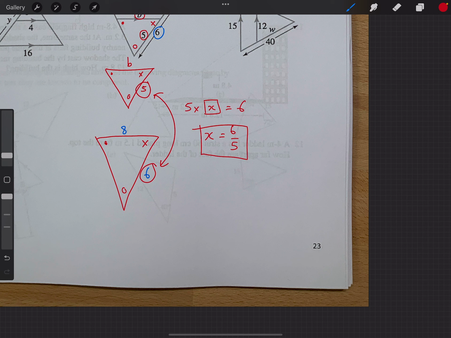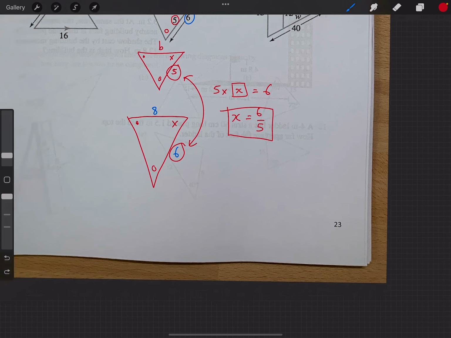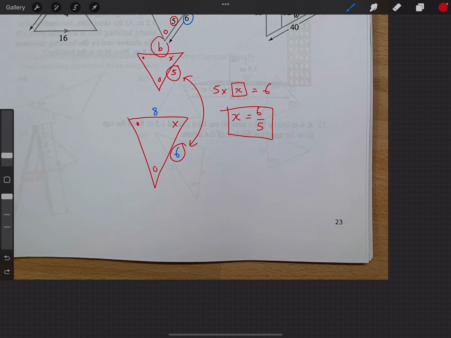As a mixed numeral that's 1 and 1 on 5, which is 1.2. But I don't like using decimals, so I'm just going to leave it as 6 on 5.